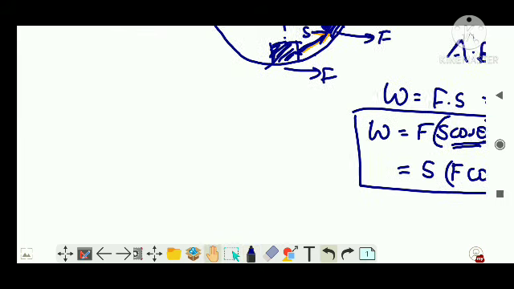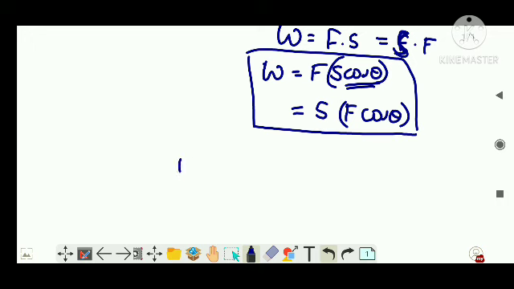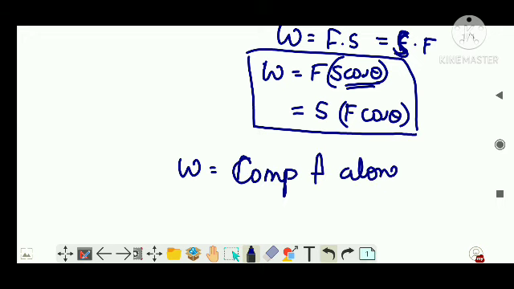Now let's move on to the problem. This is a very important criterion, guys. That means I can write work, which we earlier wrote as force or component of force along displacement, multiplied by displacement.